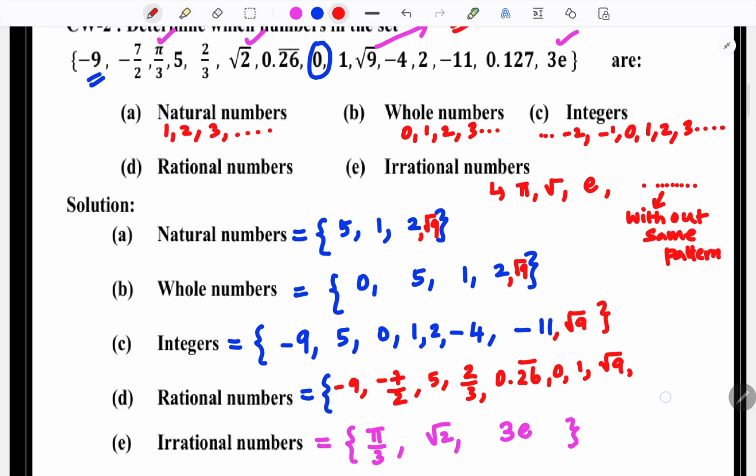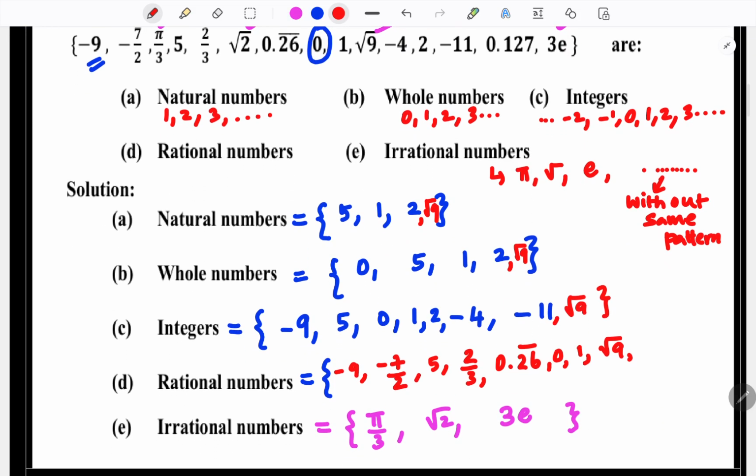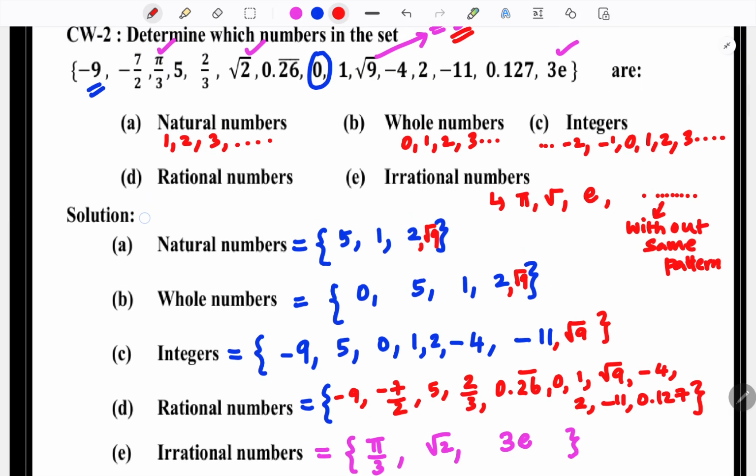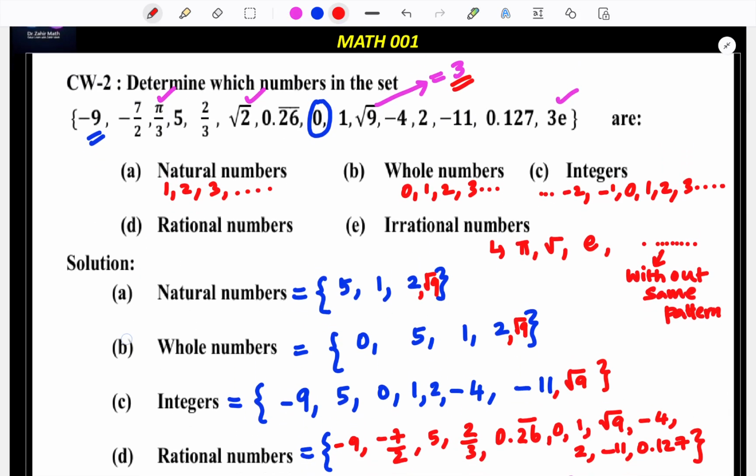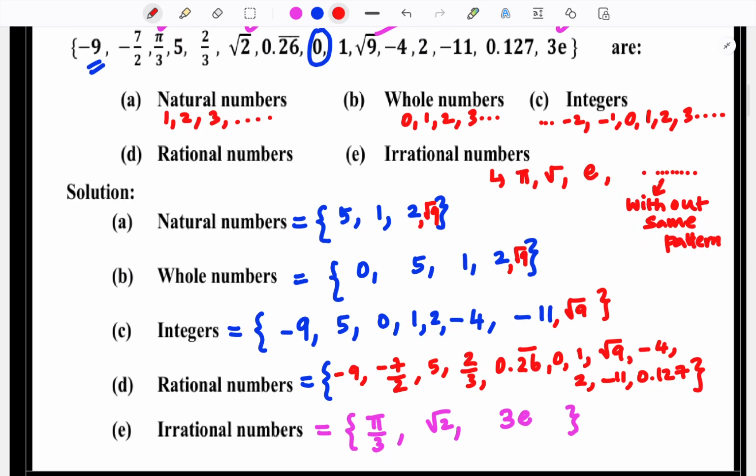3. So 0, 1, square root of 9, minus 4, and then 2, and then minus 11, and then 0.127. So many numbers, right? So all these things are called what? The rational numbers.